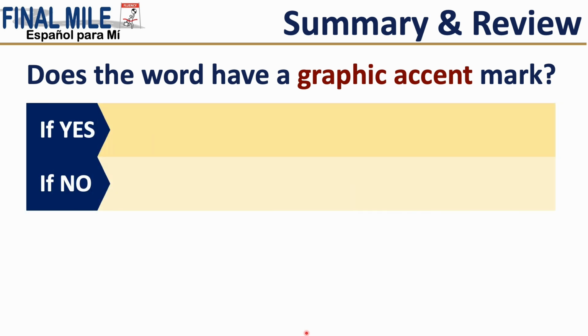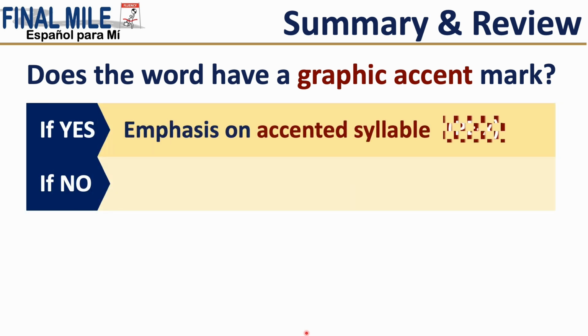Okay, if yes, emphasis falls on that syllable, whatever syllable has the graphic accent. It could be PE1, it could be PE2 or 3 or 4 or 5, whatever. Okay, we don't question anything. We don't need to worry about what the last letter is, what it ends in. No, just blindly follow the graphic accent if it's there.